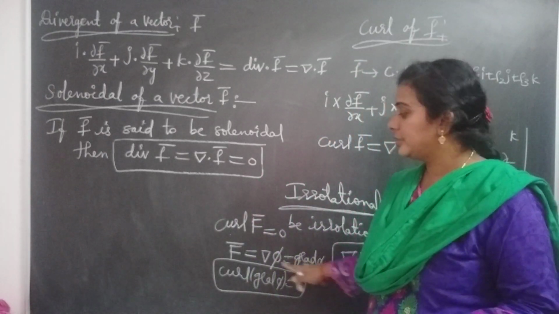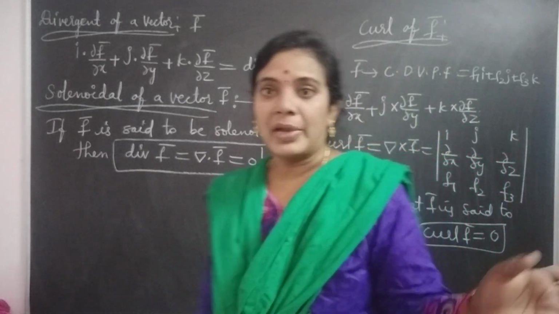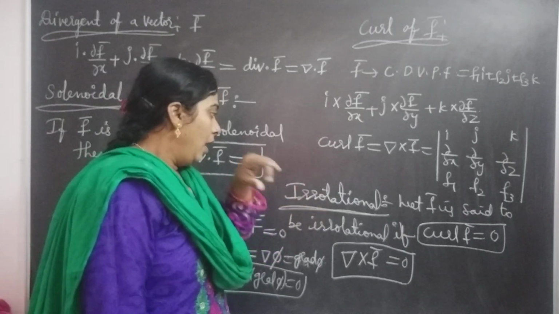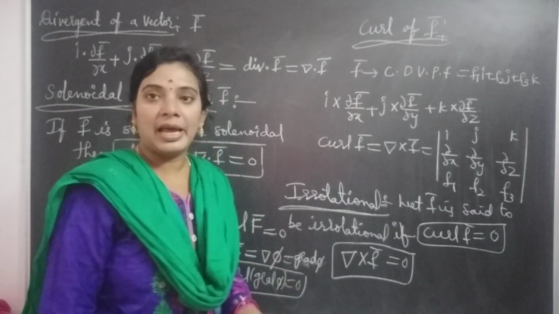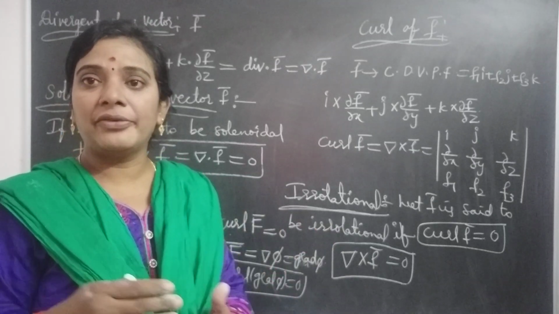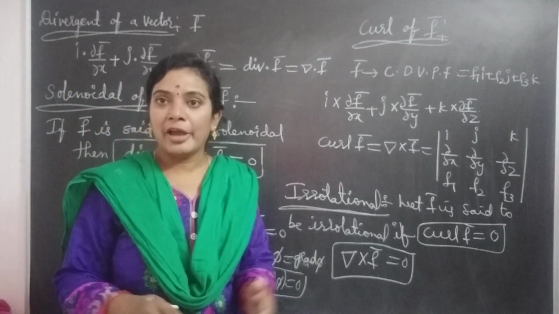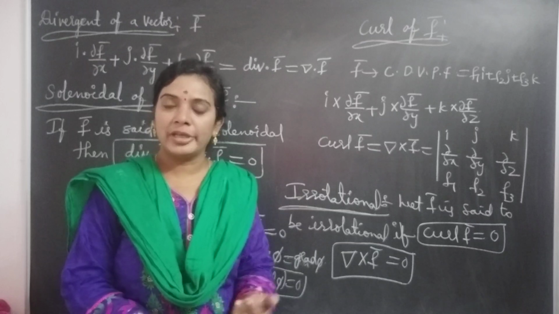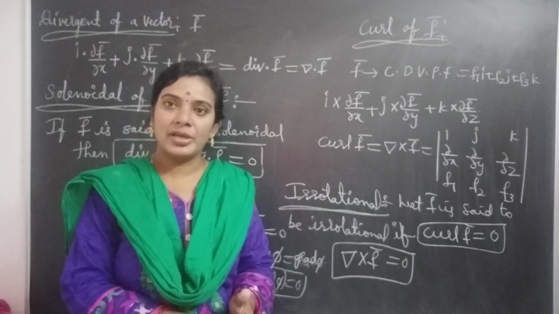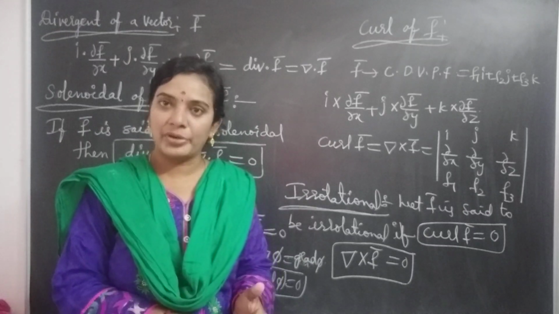Then grad pi is a conservative force. In a field, curl F is a conservative force. These are related to one another. Don't forget, and don't bother about when the terms irrotational, rotational, conservative force and potential will come.